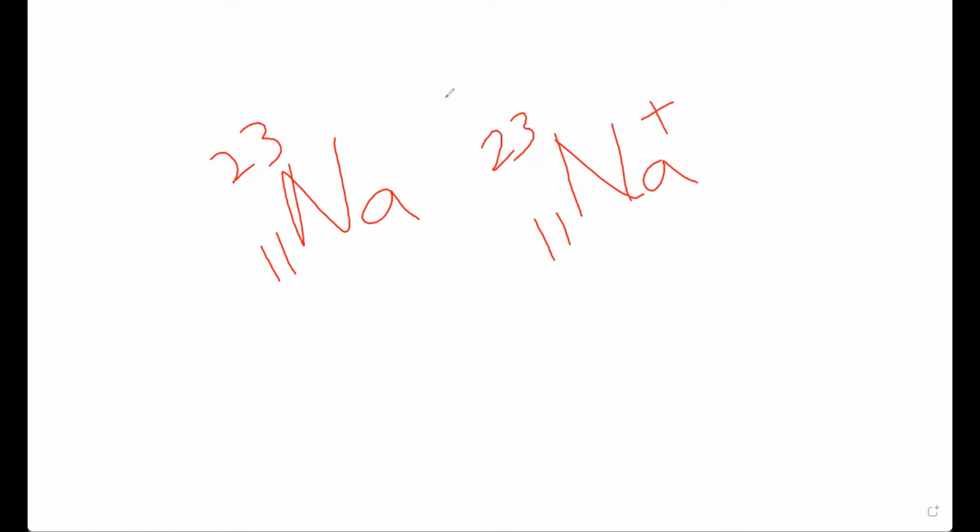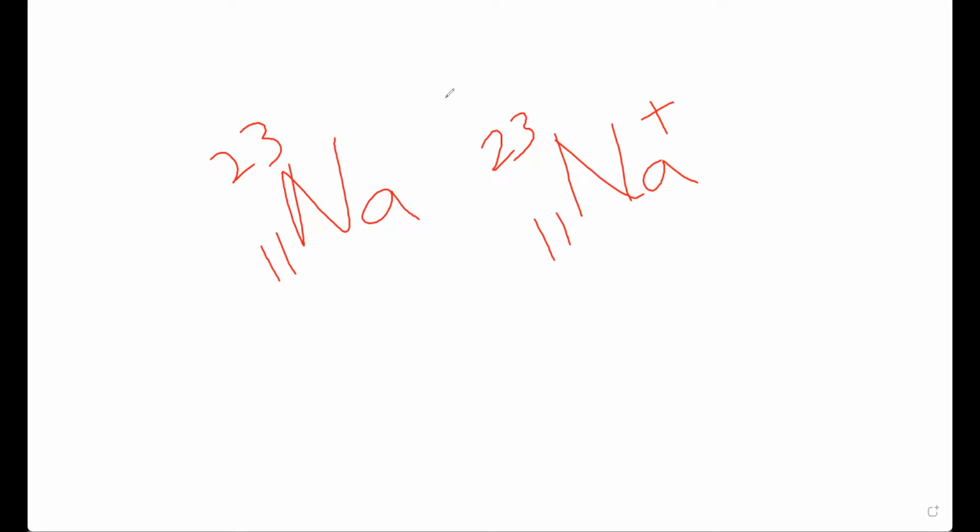Now, can you find the difference between the neutral and the charged ion? How will it look like?